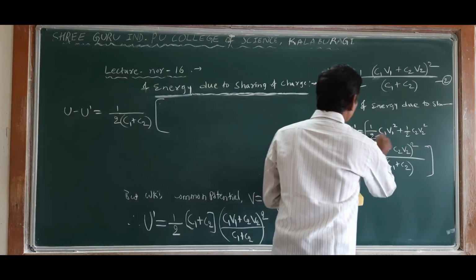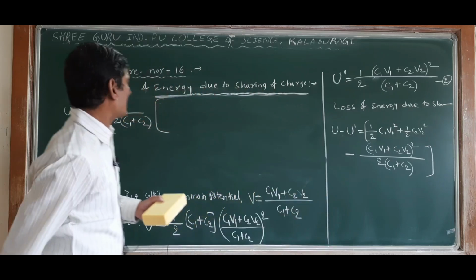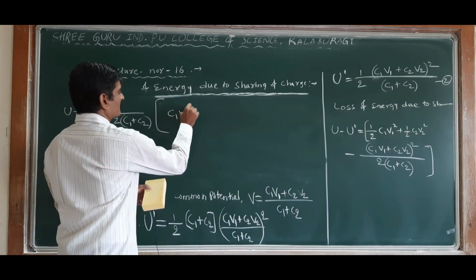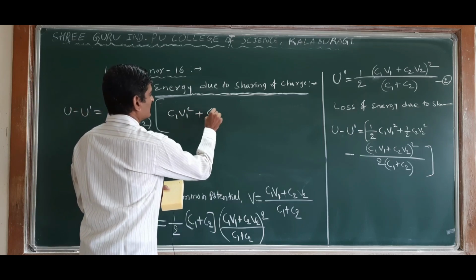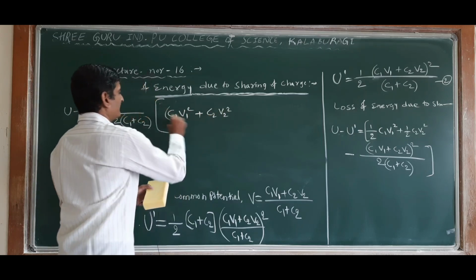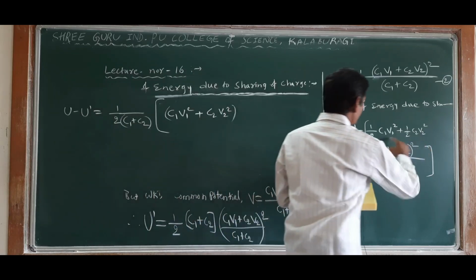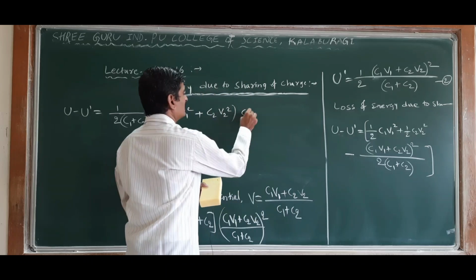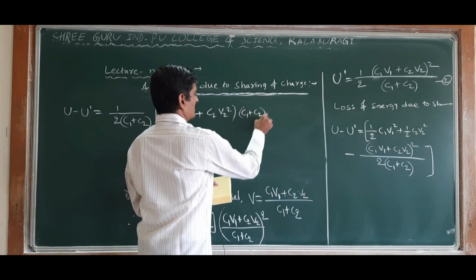So 1 by 2 (C1 plus C2) as common. So 1 by 2 is there, so you will get C1 V1 square plus C2 V2 square. But for this term, divided by (C1 plus C2) is not there. We have taken the common, so multiply it by (C1 plus C2). Understood?